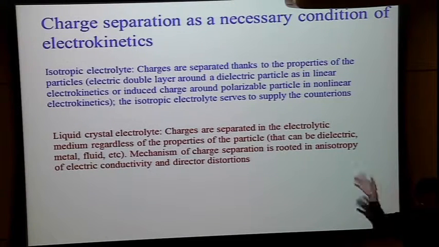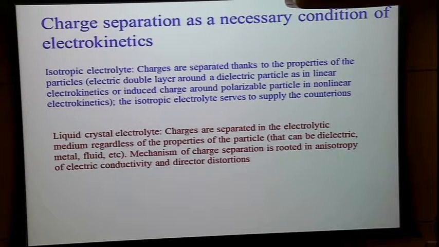So the mechanism in liquid crystals is totally different. It depends not so much on the properties of the particle, but almost exclusively on the properties of the fluid.